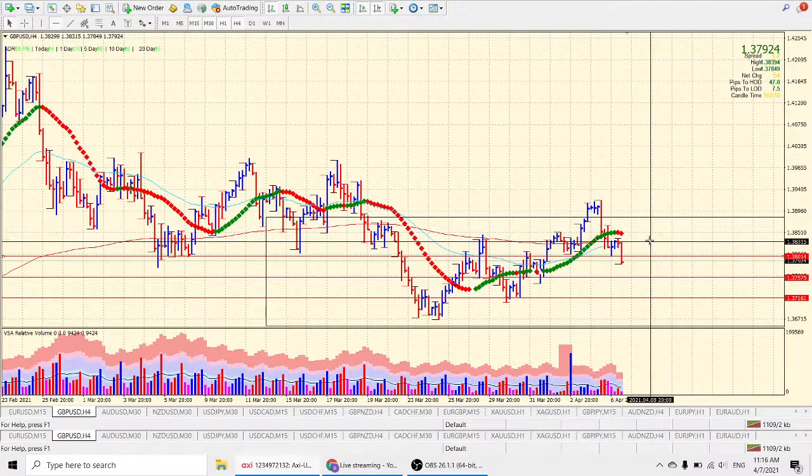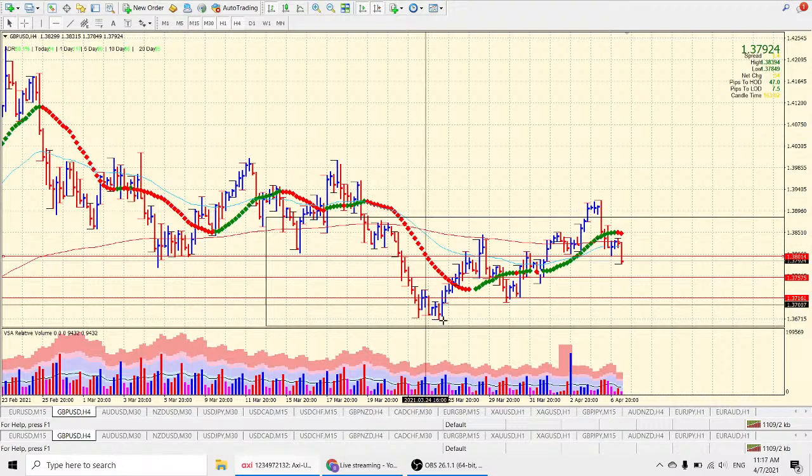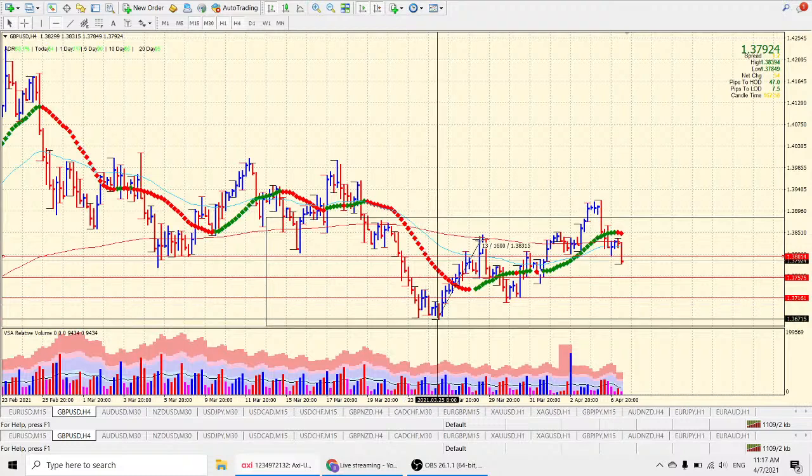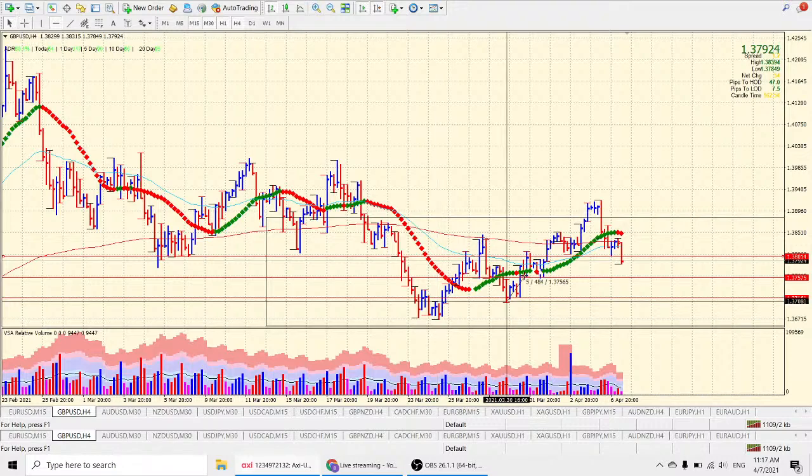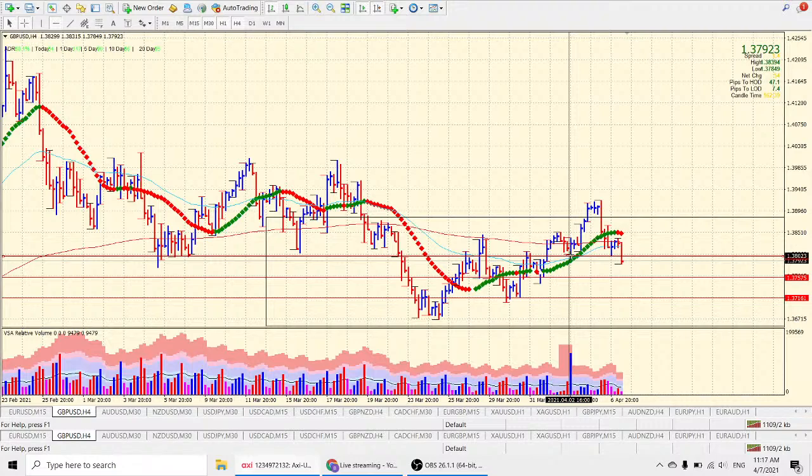And you can see, if you apply simple wave counting from here up to here, it was one impulsive move of 172 pips. The next move was 140 pips, and the next impulsive move was 108.